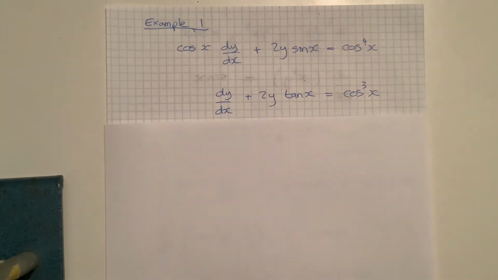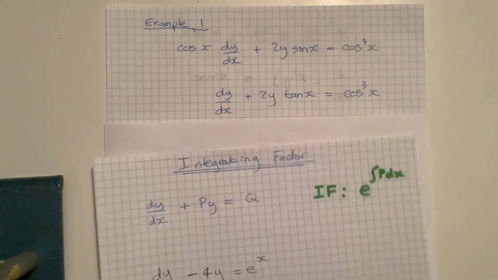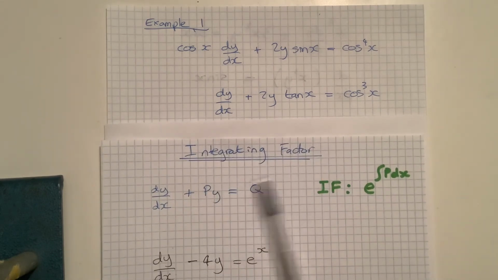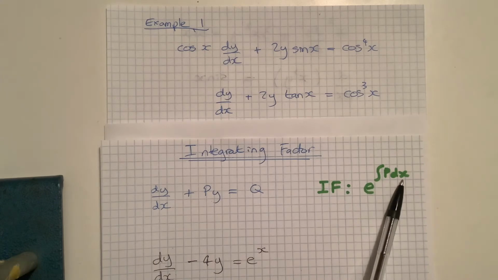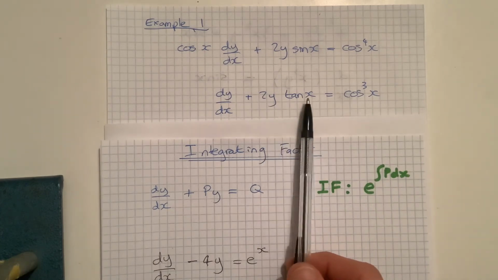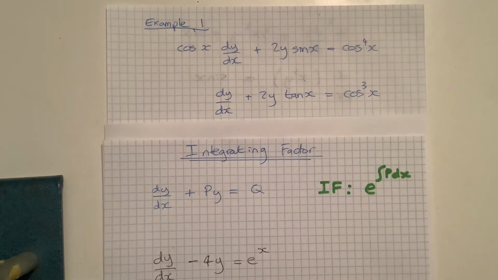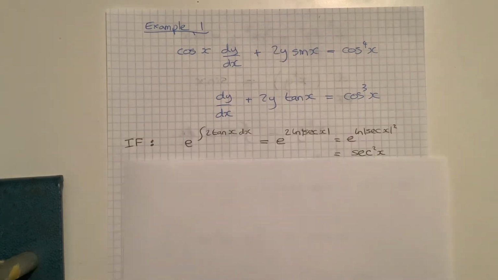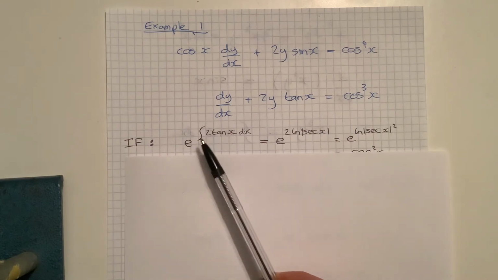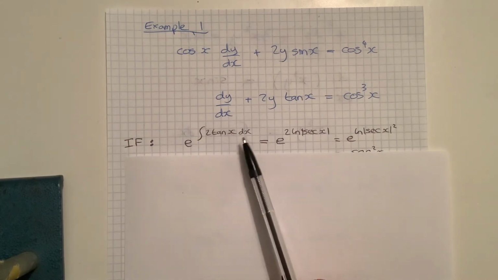Right, now using my integrating factor, remembering that the integrating factor is always related to the p function. It's e to the integral of p with respect to x. In this case, my p is the 2 tan x. So my integrating factor is going to be e to the power of the integral of 2 tan x with respect to x.